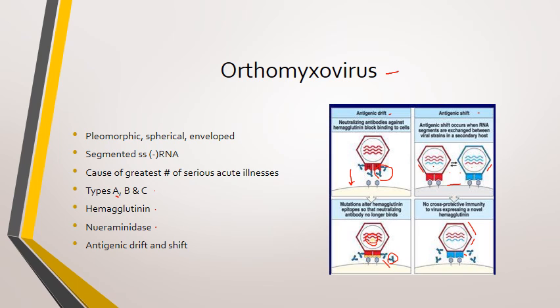At this point, there are 16 different hemagglutinins and 9 different neuraminidases, and so when you see the lists of the virus, you're going to see the viruses named by their HA and NA designation. We know that hemagglutinins 1, 2, and 3, and neuraminidase 1 and 2 are currently circulating in human populations. Not only is it possible to transmit from animal to human, it is possible to transmit from human to human, which makes the outbreaks just that much bigger.